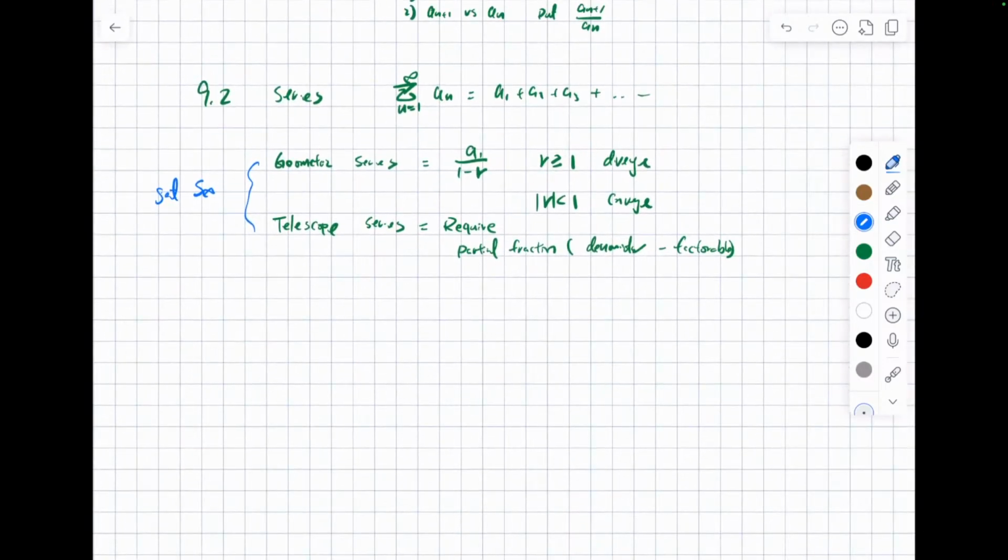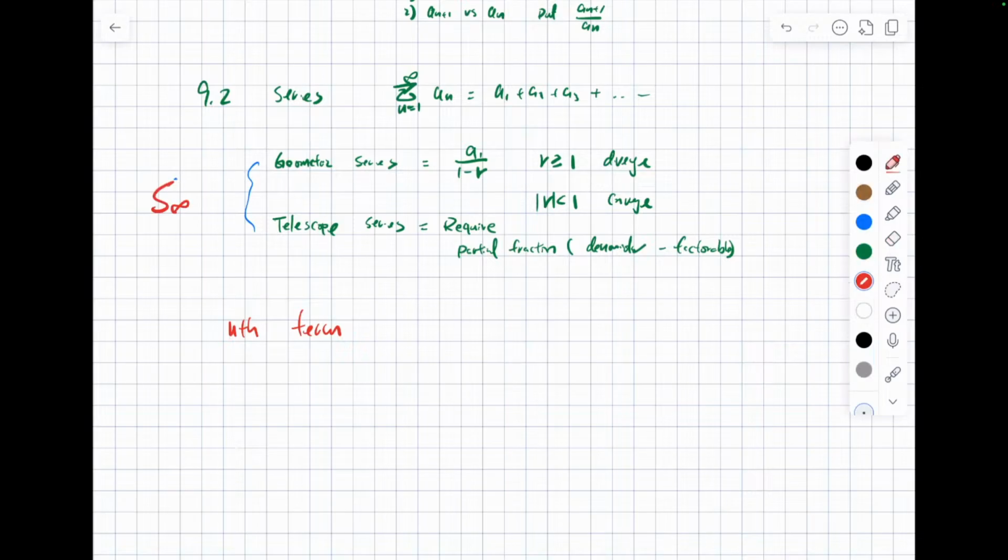Now, one of the things that's very, very important to test, it should be the first test compared to every other test, is what? N term. This is a summation, S infinite.